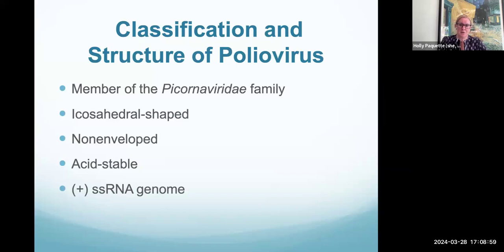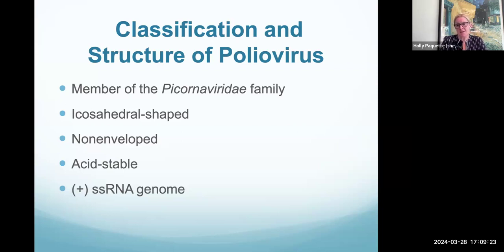So just to give you a little bit of background when we think about the poliovirus, this is a member of what is called the Picornaviridae family. It has an icosahedral shaped capsid. Remember, that's that polygon shaped. And it is non-enveloped. And hopefully you remember that non-enveloped viruses can resist environmental factors better than enveloped ones.